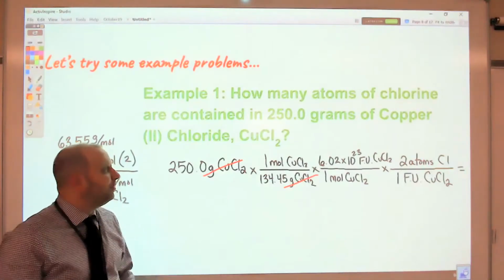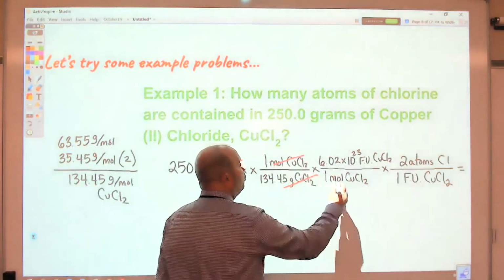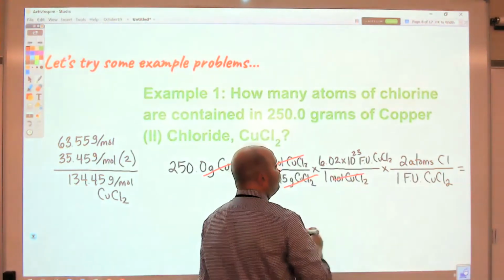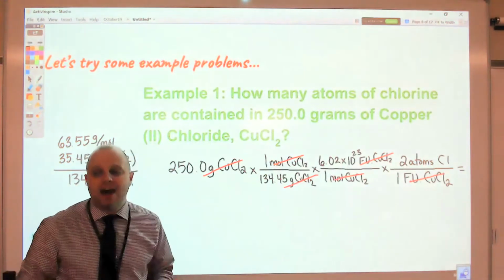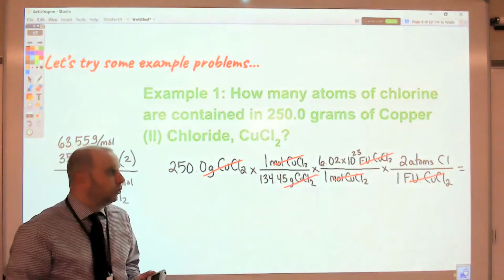I can go ahead and cross out my units. So moles of CuCl2 will cross out, formula units of CuCl2 will cross out, and now I'm left with just atoms of chlorine.